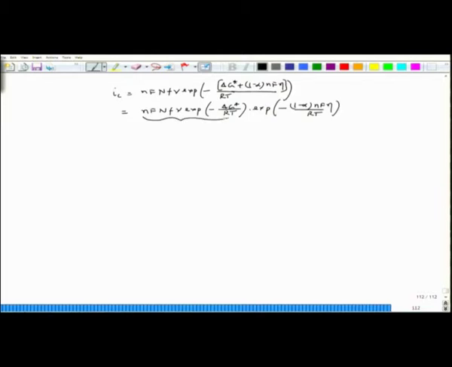So, this is again I0. So, IC equals I0 exponential minus (1 minus alpha) NF eta by RT.